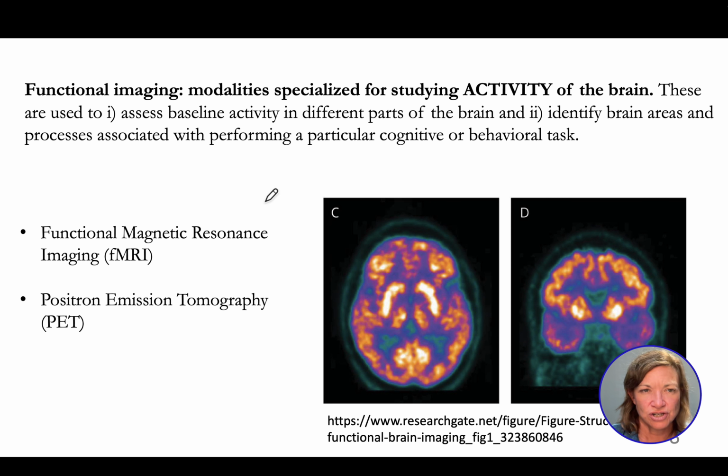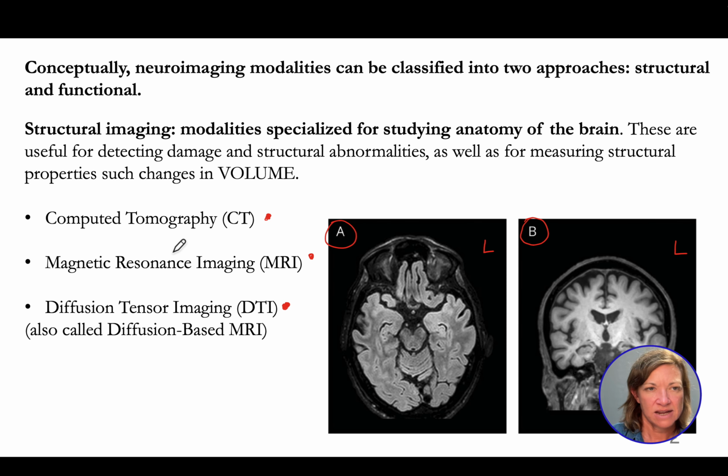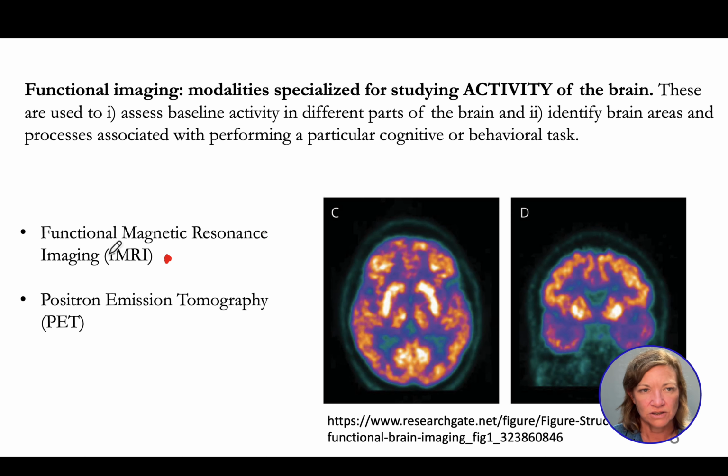The two most common functional imaging modalities are functional MRI, so fMRI. So we often distinguish between the MRIs. fMRI is functional MRI. And this MRI, if you want to be really clear, you can put structural in there. Structural MRI. Good. And what you're looking at is PET, positron emission tomography.